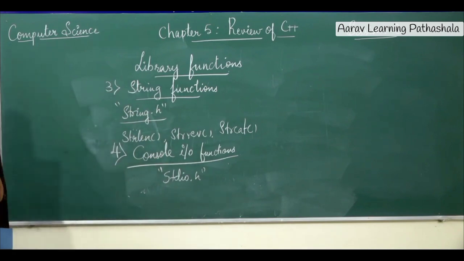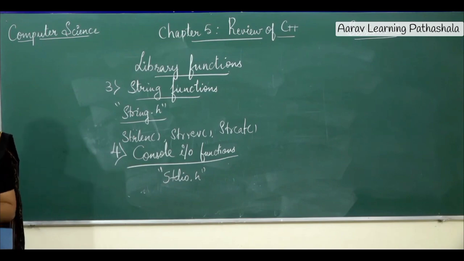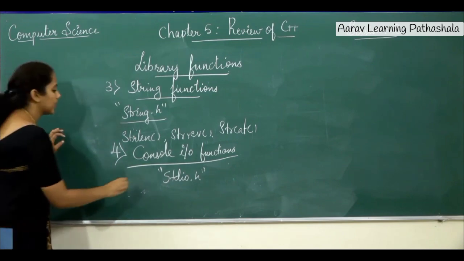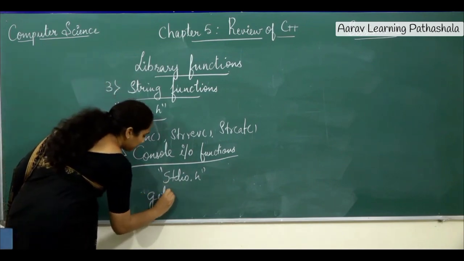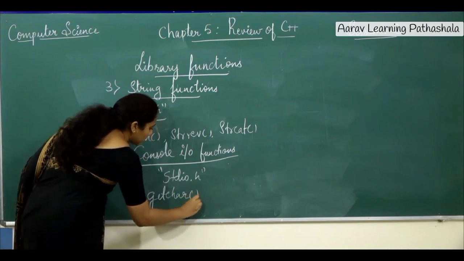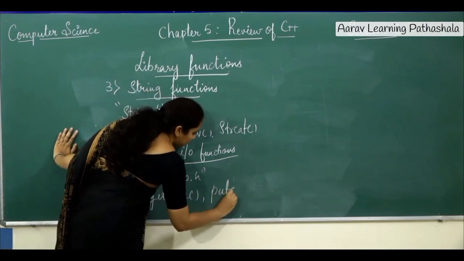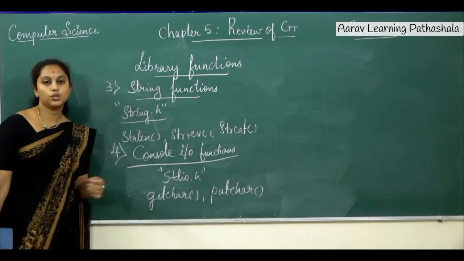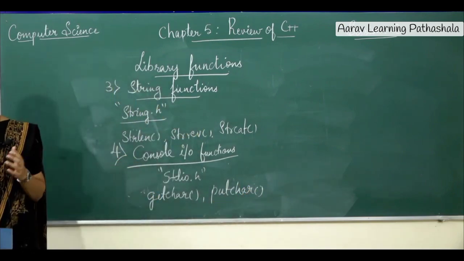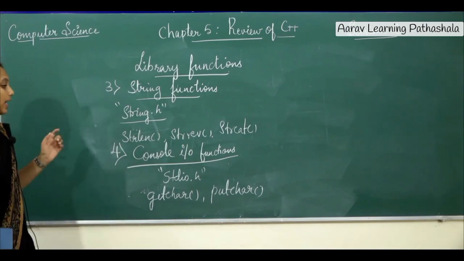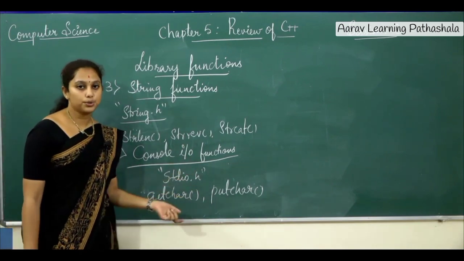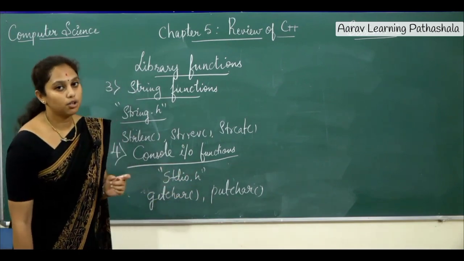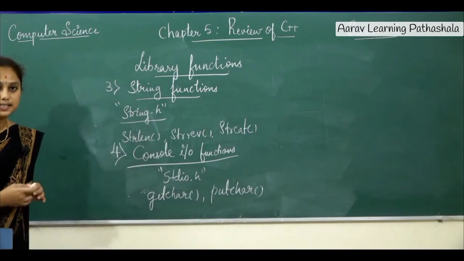Some examples for console input output are the getchar function and the putchar function. The getchar function is used to accept a character from a standard input device, and the putchar function is used to display the character on the standard output device.